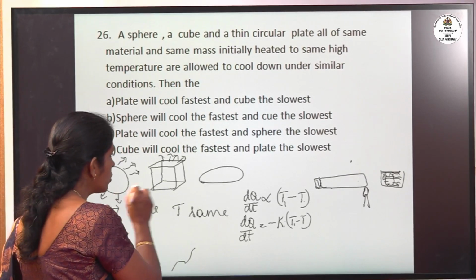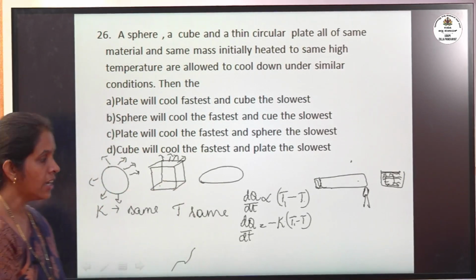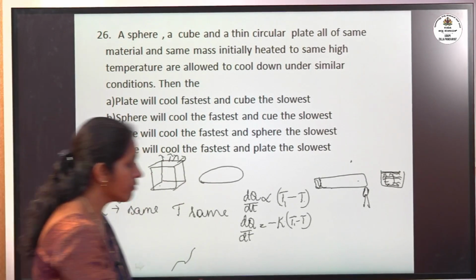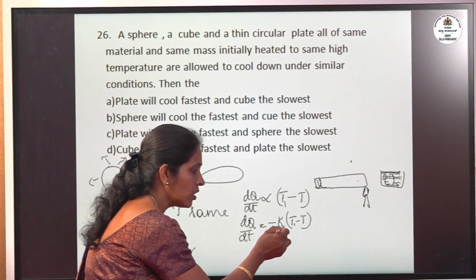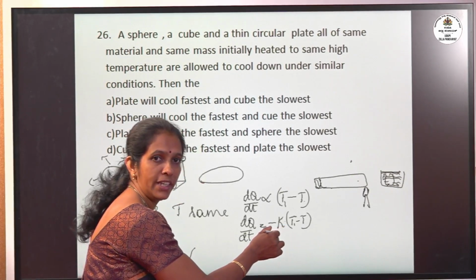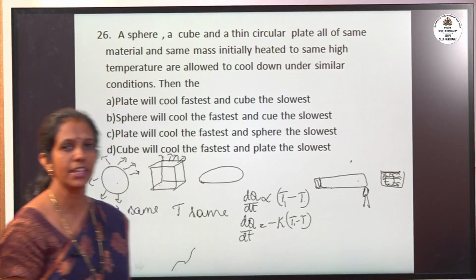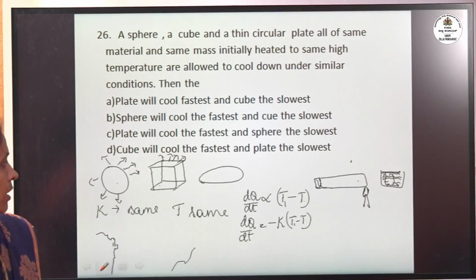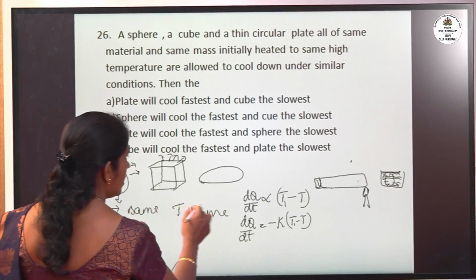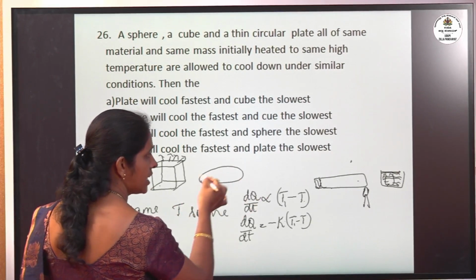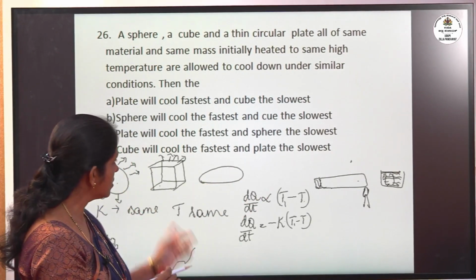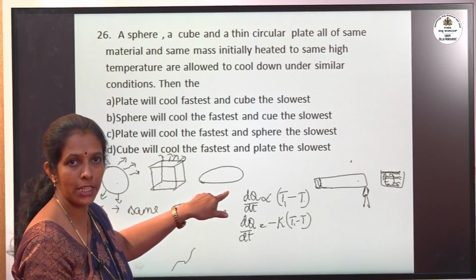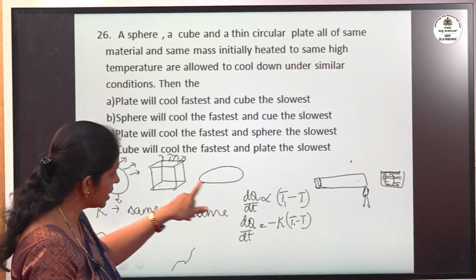Here the nature of the material is the same, and temperature of system and surrounding are also the same. Therefore, depending on the surface area of the material, the rate of cooling is different. Among the sphere, cube and the thin plate, the plate has a larger area.